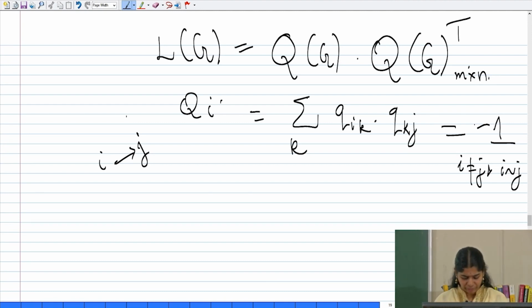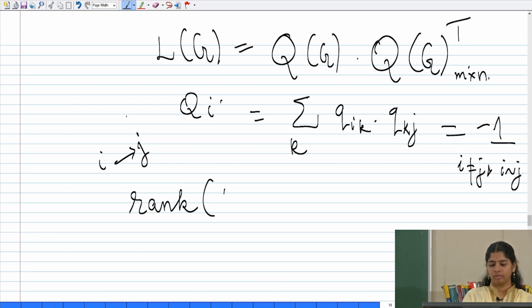So, now from here, if I want to connect to the other properties of Laplacians, we know Q of G has rank n minus k, right. Now what can we say about the rank of this product?